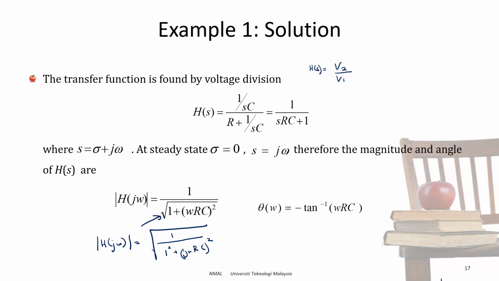So you do this and you will get the square root of 1 plus (omega RC) squared. And the angle is actually the arctangent of omega RC divided by 1, which is equivalent to arctangent of omega RC. Here w is actually omega.